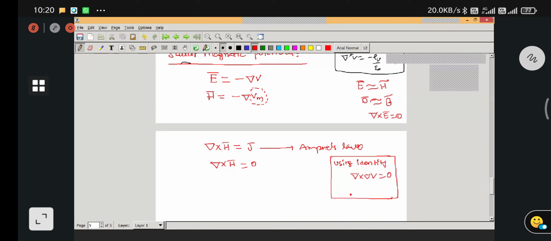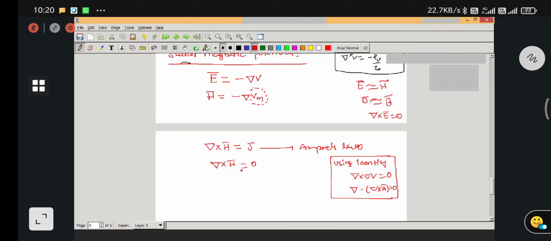Next, del dot curl of A vector equal to 0. So J vector equal to 0 gives curl of H equal to 0.